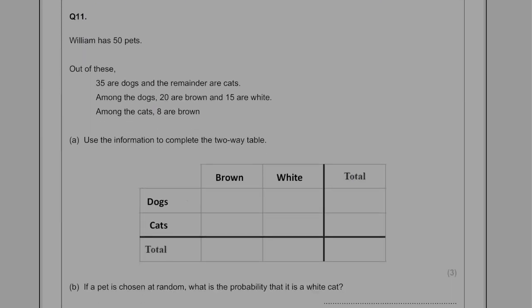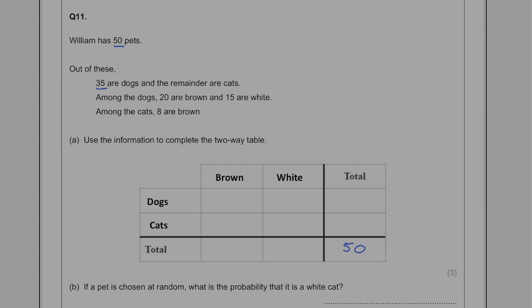Question 11. William has 50 pets. Out of these, 35 are dogs and the remainders are cats. Among the dogs, 20 have brown hair and 15 have white. Among the cats, 8 are brown. Use this information to complete the two-way table. Right, so I'm going to do this in layers. My first layer is just putting the information from the question into the table.